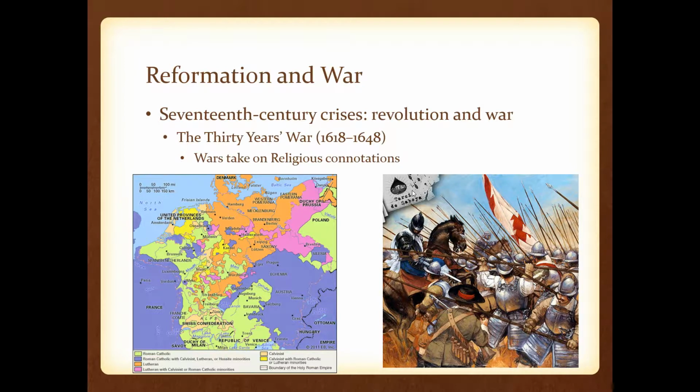Instead of fighting against one another for control of the physical plane, you're also fighting for control of a spiritual plane. So European wars take on religious connotations. They're fighting amongst each other, while at the same time this is an overarching battle between Protestants and Catholics that begins to shape what is going to happen later on.